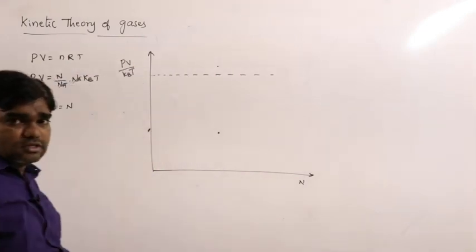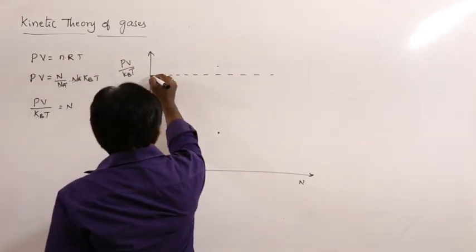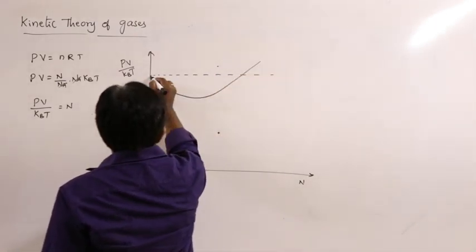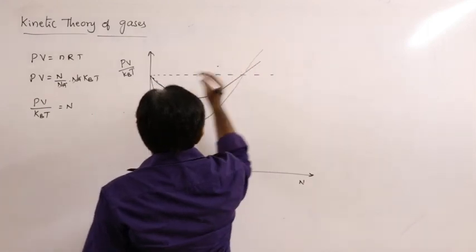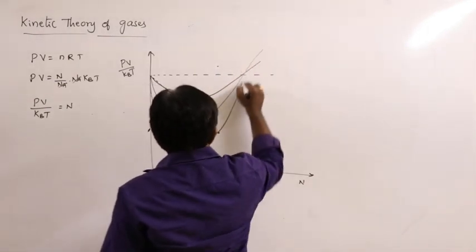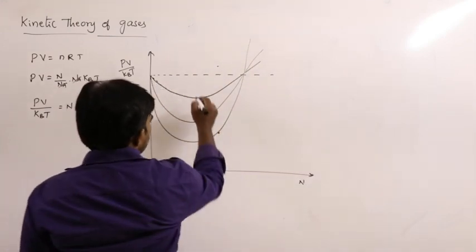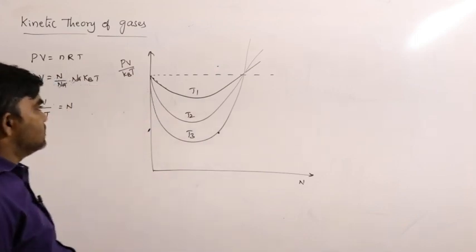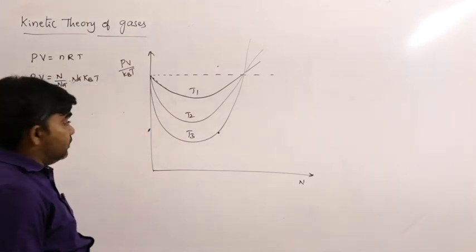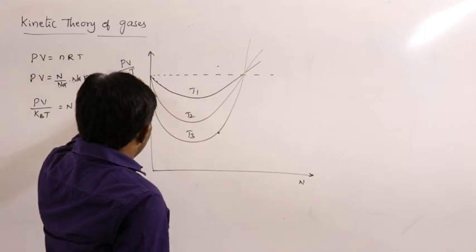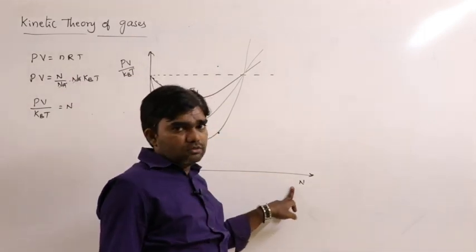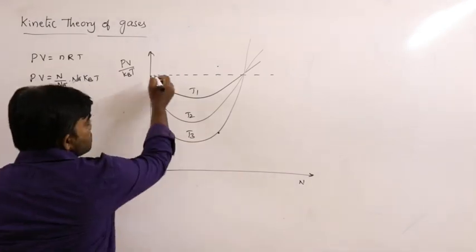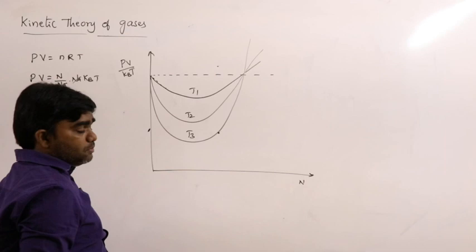But if it is not an ideal gas, the shape of the graph is like this. For different temperatures, the shape of the graph is modified like this. Let us say it is temperature T1, T2, T3. This is the graph between PV by KBT and the number of molecules, and this dotted line indicates the ideal gas behavior.